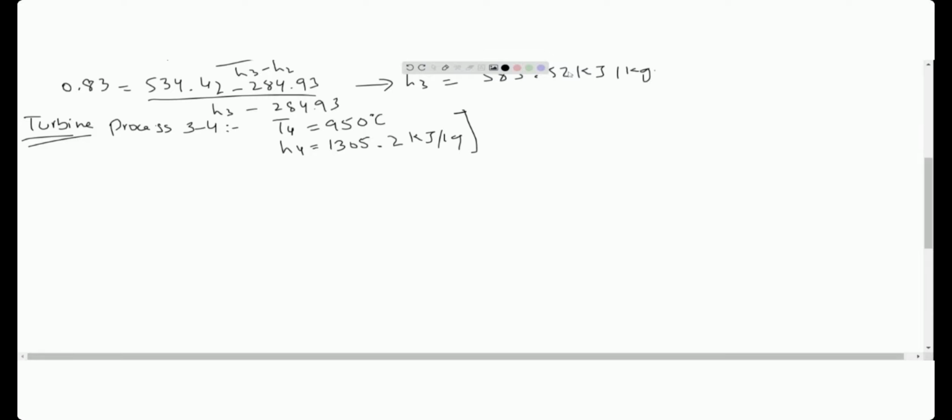At this value, we will calculate the value of H5 from the relation H3 minus H2 equals H4 minus H5. So from here H5 is equal to 1004.6 kilojoule per kg.